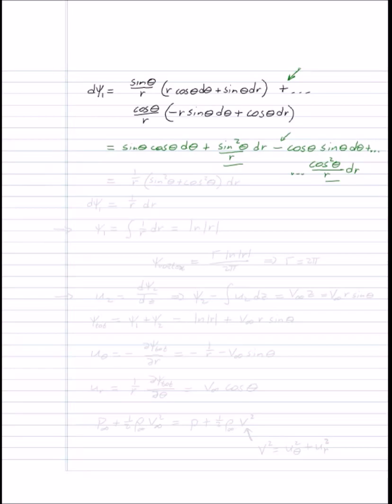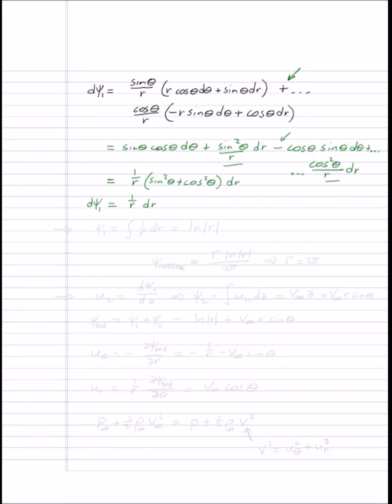So what we're left with is going to be 1 divided by r, sine squared theta plus cosine squared theta, dr, which is going to be 1 over r dr. Great, so that's d psi 1.